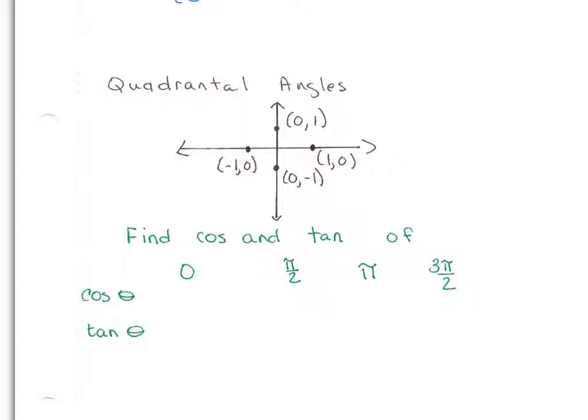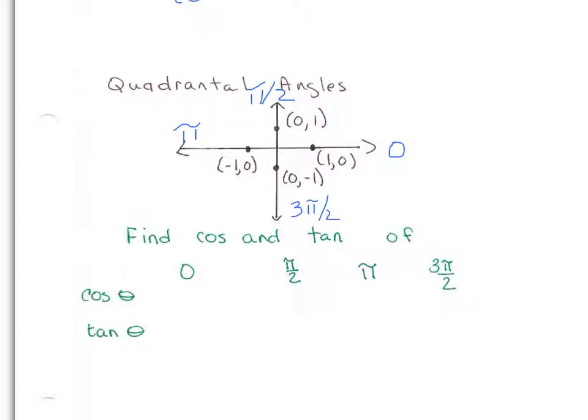Hopefully you know that this corresponds to 0 in radians or degrees. This is pi over 2. This is pi. And this is 3 pi over 2. If we want to find the trig functions for these quadrantal angles, this is a real quick reference, and we can use what we learned about the unit circle.